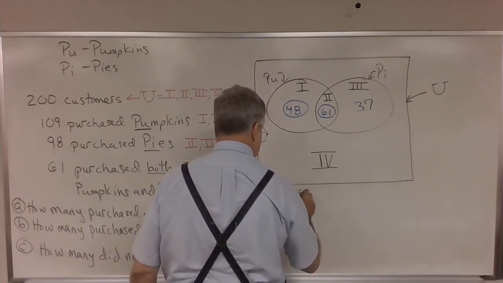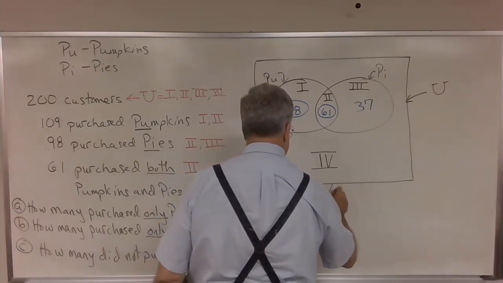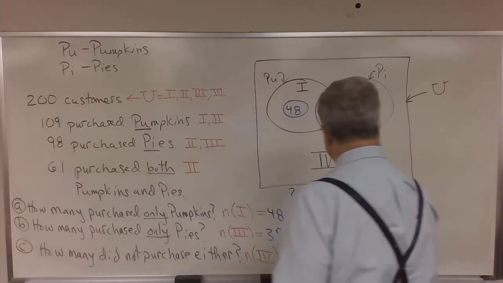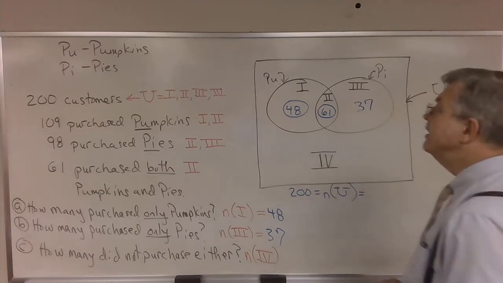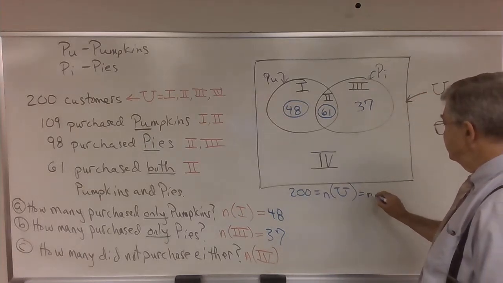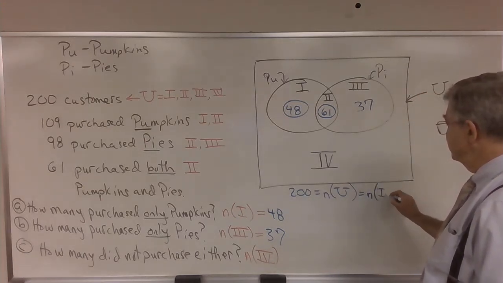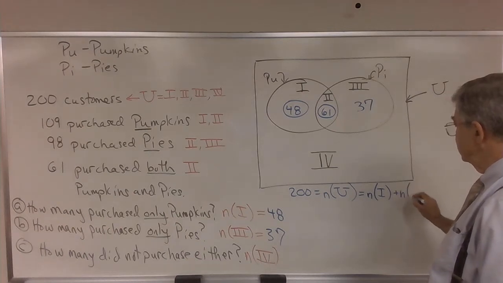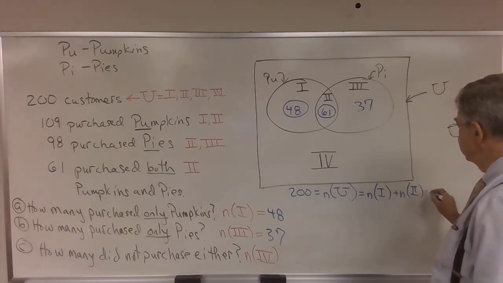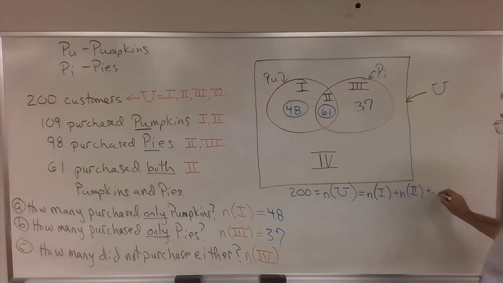So I'll write that down. 200 equals the number of people in the universe. And that's going to equal the number of people in region 1 plus the number of people in region 2 plus the number of people in region 3 plus the number of people in region 4.